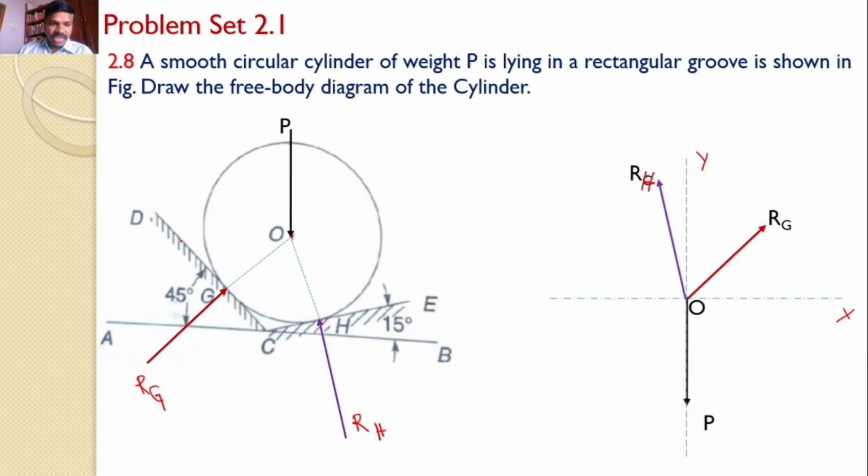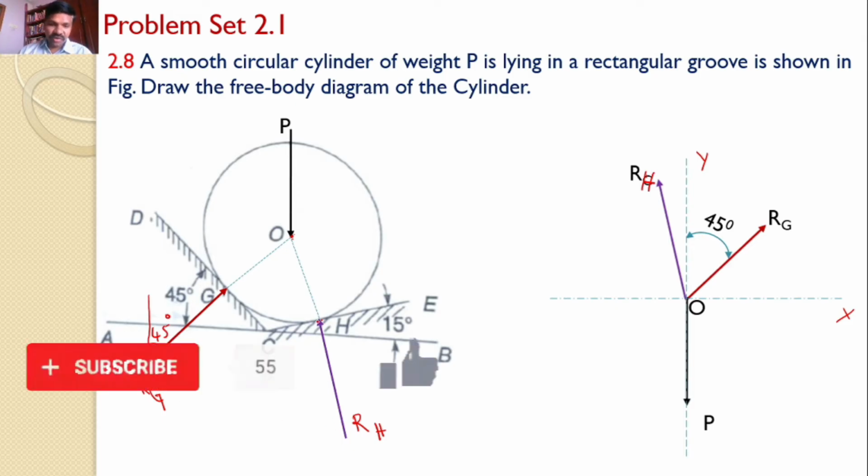Given that DC makes an angle of 45 degrees with the horizontal, hence its perpendicular, that is RG, makes the same angle of 45 degrees with the vertical. Hence this angle becomes 45 degrees.